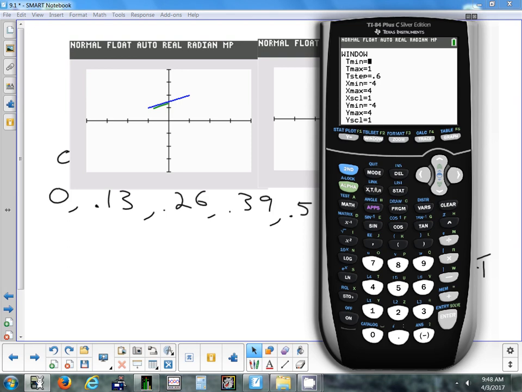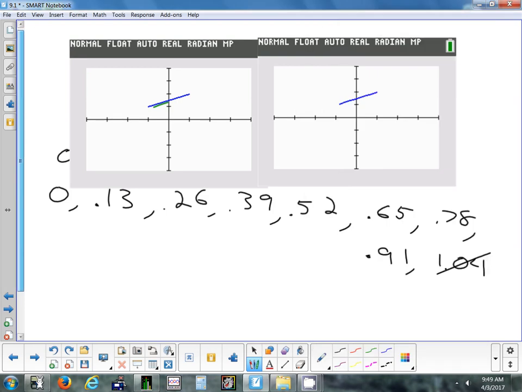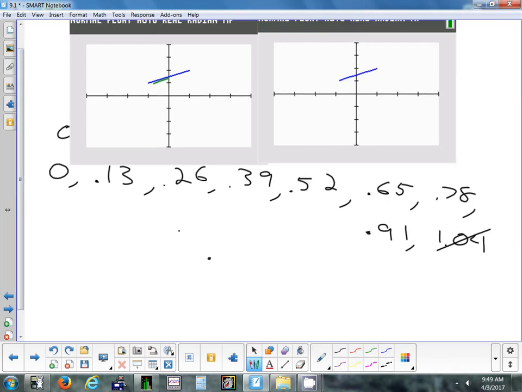What kind of shapes do you think the t-step influences even more? Circles, anything that's curved. Because if you wanted to graph a circle, and let's say you picked a finite number of points. Parametric equations always connect one point to the next using a line segment, always.